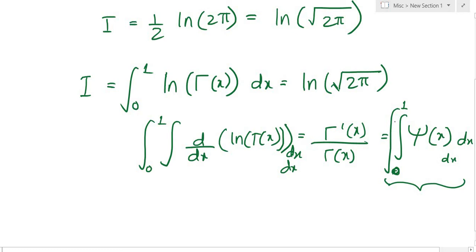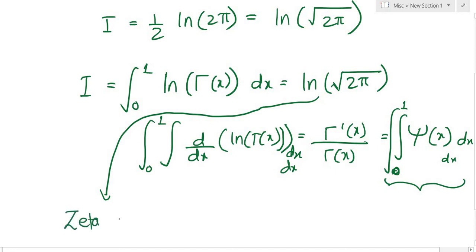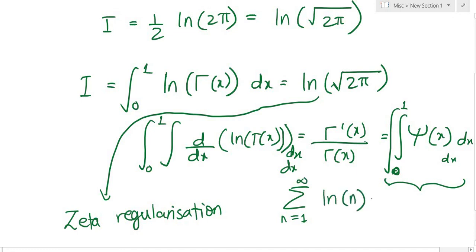Please comment down if you use that approach and come up with an answer, because as far as I'm concerned, this seems like something that you would get out of, say, a zeta regularization. So you might want to watch out for something like the sum from n equals 1 to infinity of, say, the natural log of n.